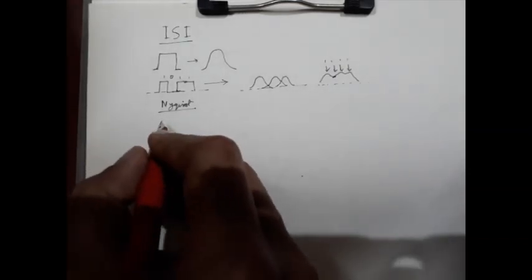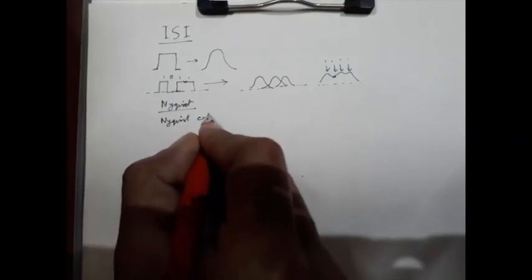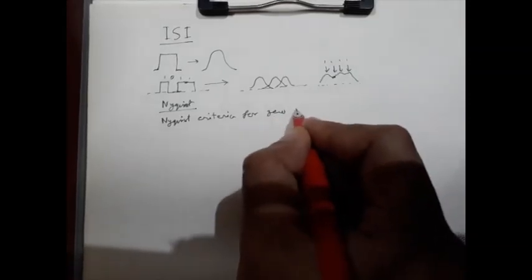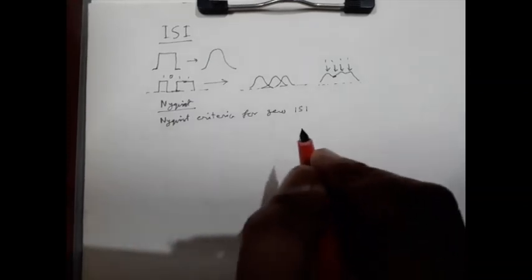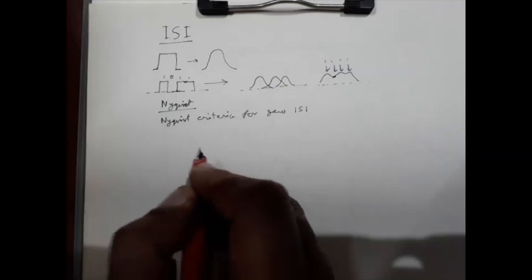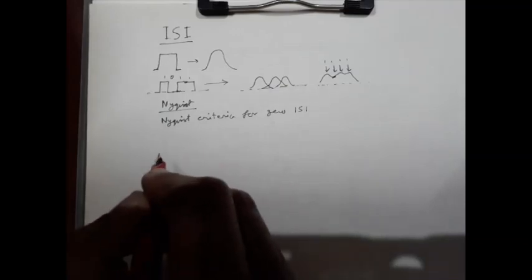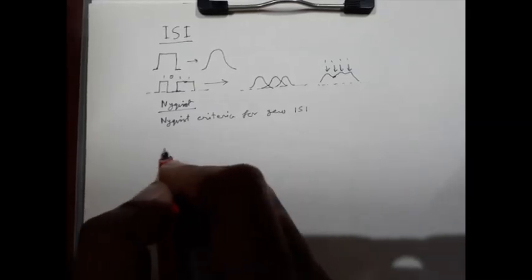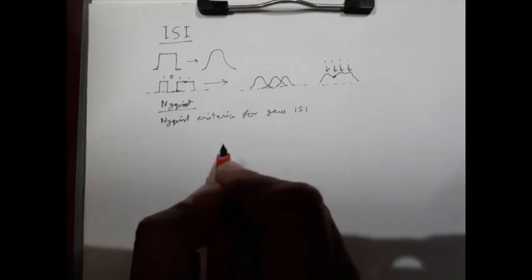So we will discuss now the Nyquist criteria for 0 ISI. This is also called the first criterion. Nyquist achieves 0 ISI by choosing a pulse shape that has a non-zero amplitude at its center, say at t equal to 0, and 0 amplitudes at other sampling instants.